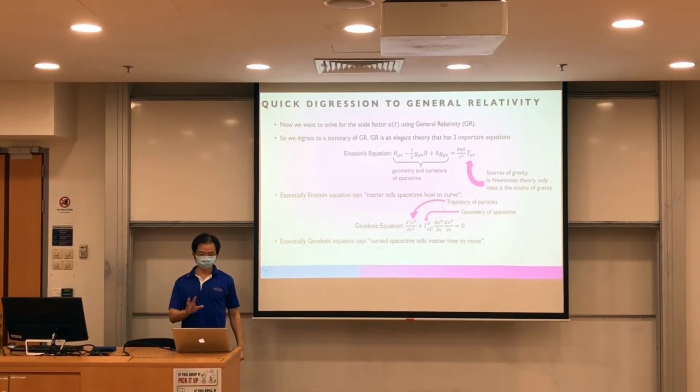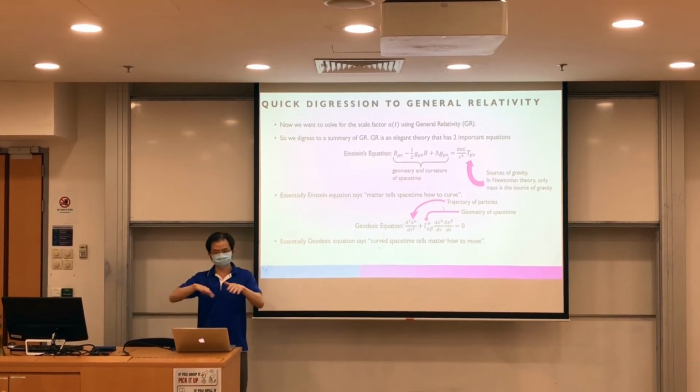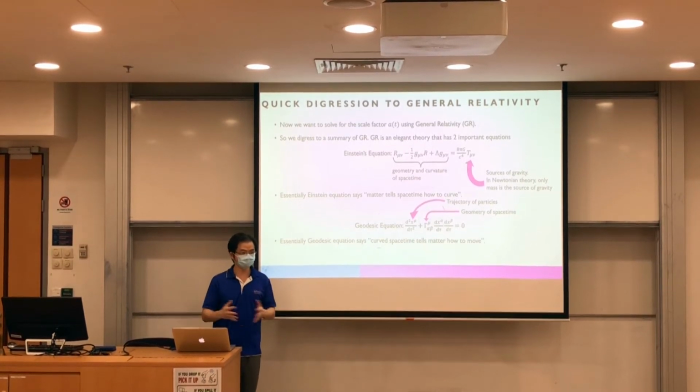So these two equations are very intuitive. First equation, you put in your galaxies, black holes, and sources of gravity, then you get the curvature of space-time. You solve for it. Now you have the curvature of space-time. You will see how the planet moves, or how the stars move in this curvy space-time.